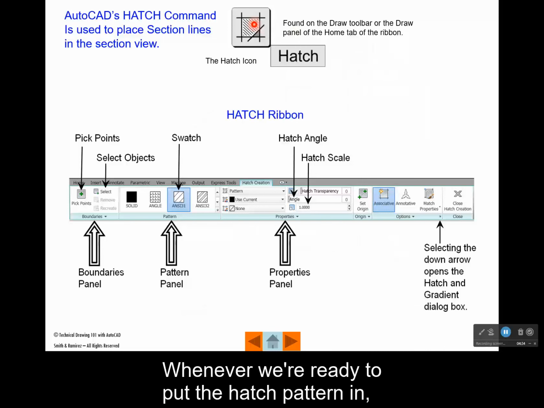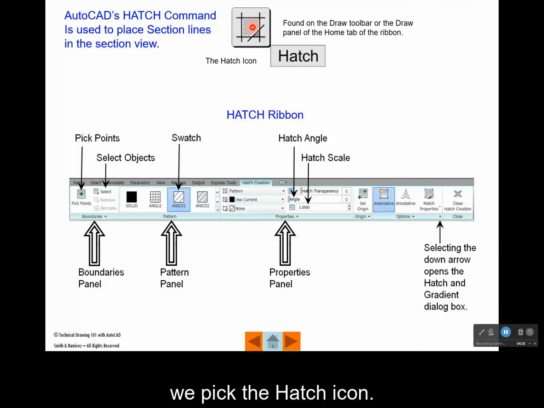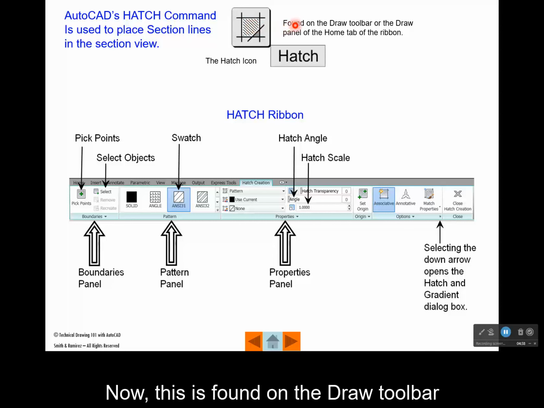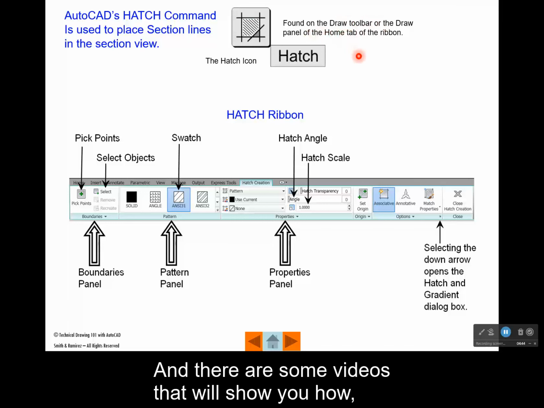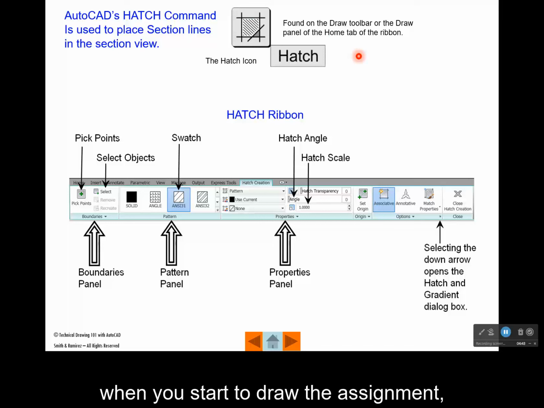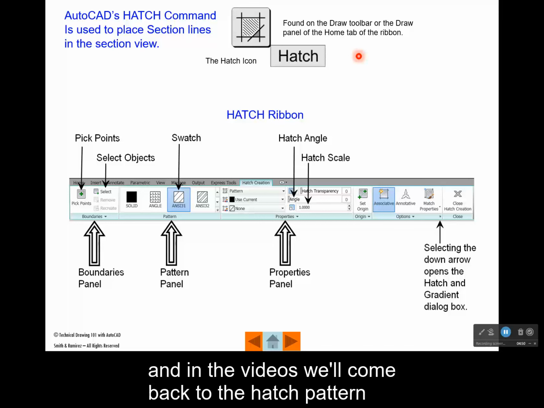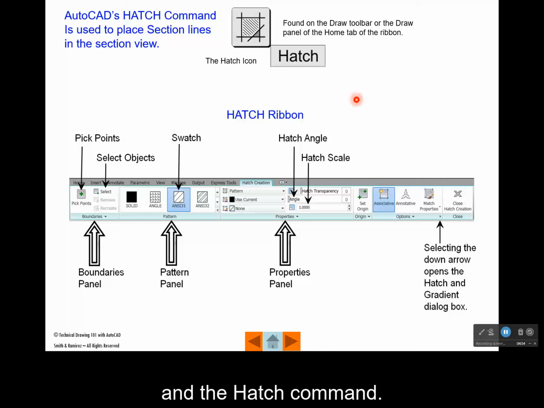Whenever we're ready to put the hatch pattern in, we pick the hatch icon. Now, this is found on the draw toolbar or on the draw panel of the home tab of the ribbon. And there are some videos that will show you how when you start to draw the assignment, and in the videos we'll come back to the hatch pattern and the hatch command.